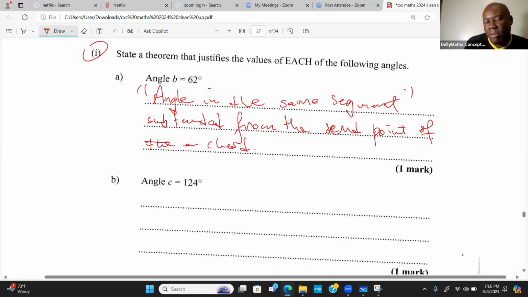So I'm just saying it's subtended from the endpoints of a chord, and those angles are equal. That is why this is 62: angles in the same segment.